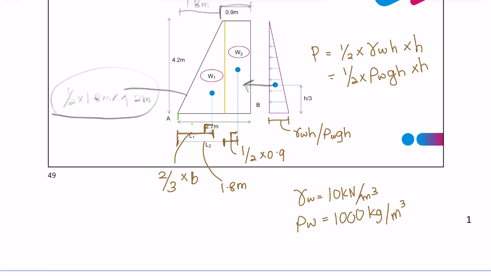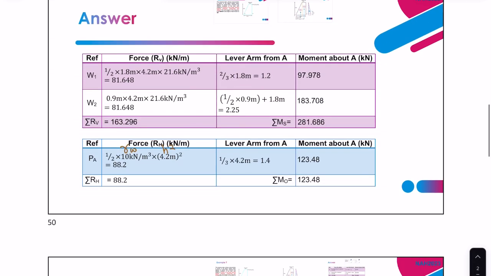So, the distance should be 90 degrees, ya, from the direction of the force. Berapa panjang ini? So, ini adalah 1/3 times H. So 1/3 times 4.2, height of the water.